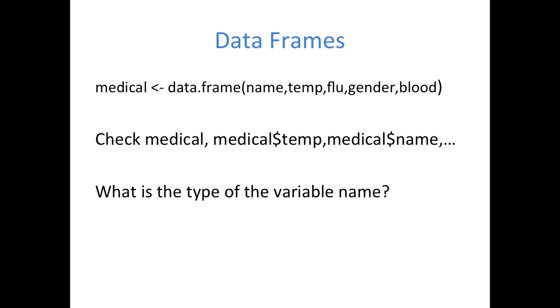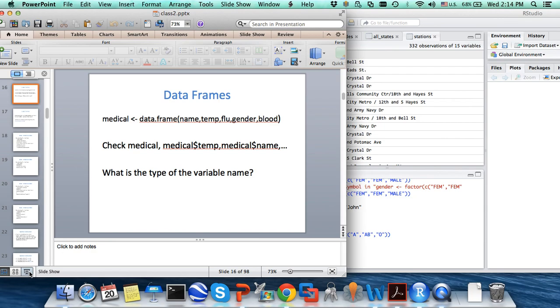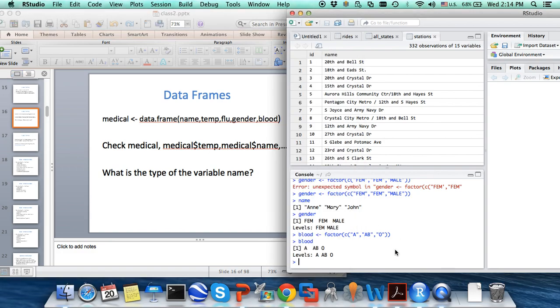So in this case, for example, we can create a data frame named medical that's going to have all the different values for all the different individuals that we mentioned before. Okay? So for example, let's go back to RStudio. We can create a data frame named medical.